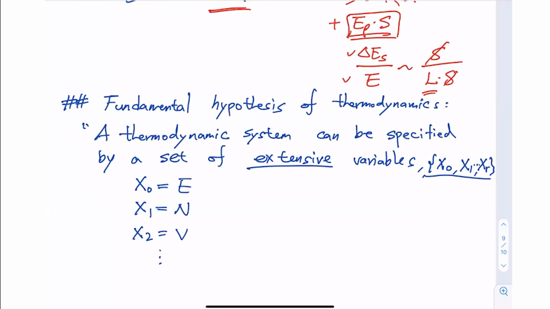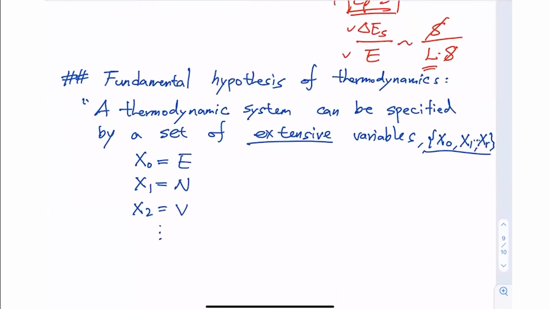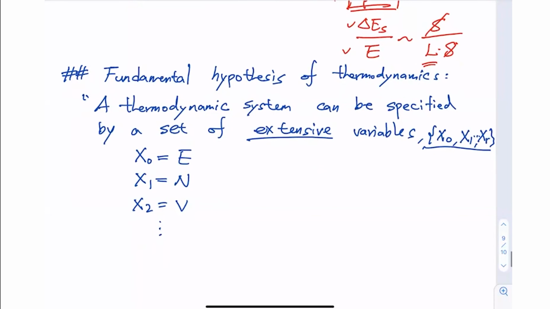It just means that using these extensive variables, we can specify our thermodynamic system. Okay, so now I think we know what an extensive variable is, and we also know the fundamental hypothesis.